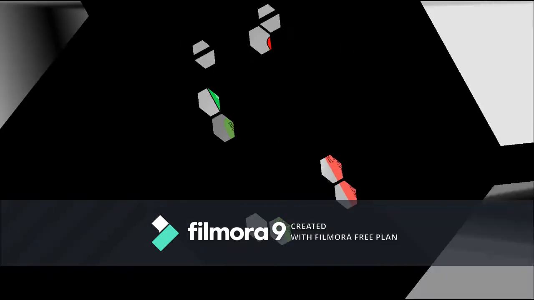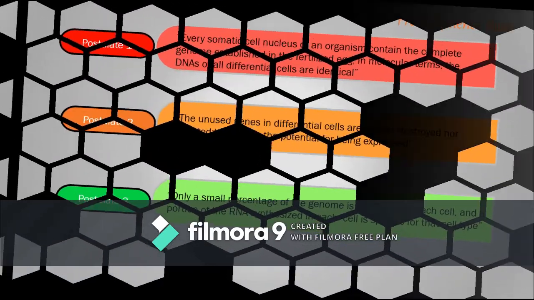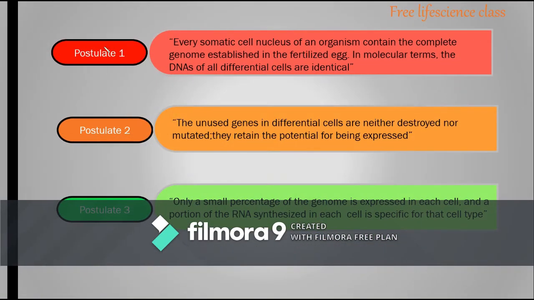Let's discuss the three postulates of differential gene expression. Postulate number 1: every somatic cell nucleus of an organism contains the complete genome established in the fertilized egg. So in molecular terms, the DNAs of all different cells are identical.